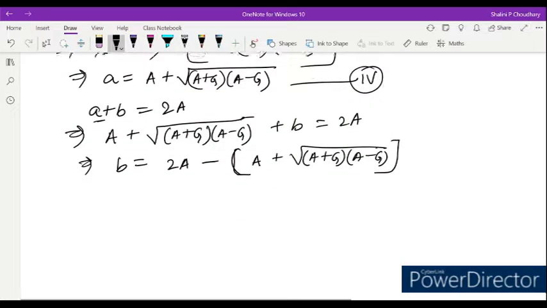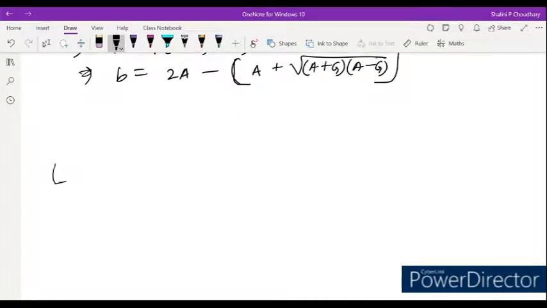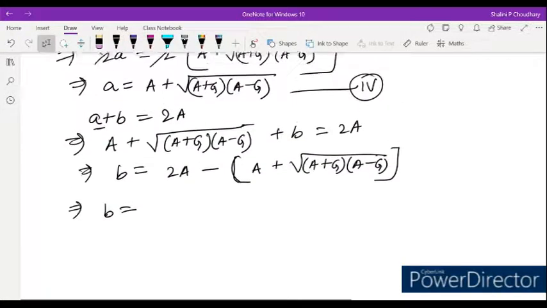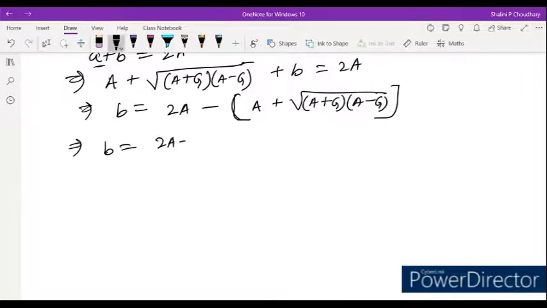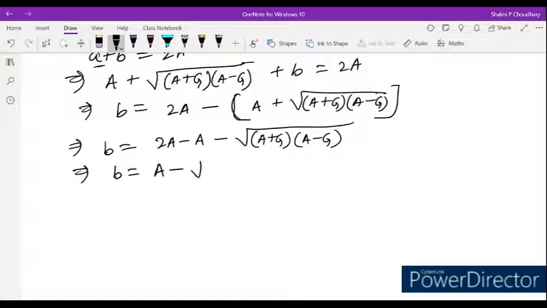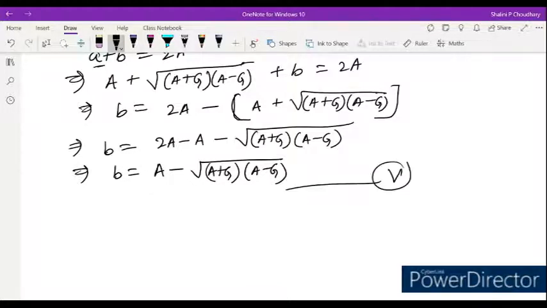Now we have to find the value of b. So b will be equal to 2A minus A and minus square root of (A plus G) into (A minus G). Now 2A minus A will be A. So b will be equal to A minus square root of (A plus G) into (A minus G). So this will be equation 5.